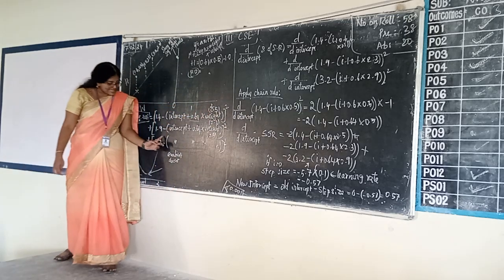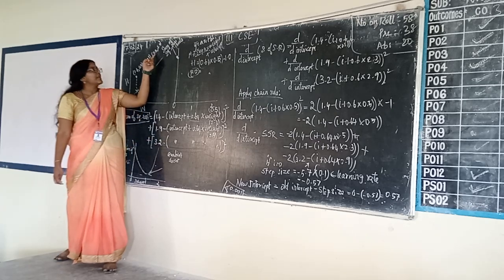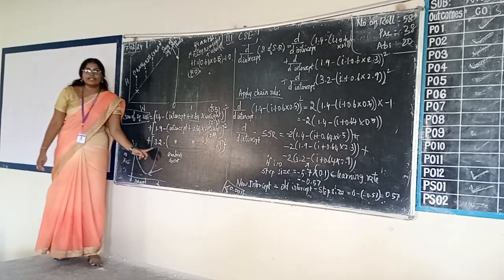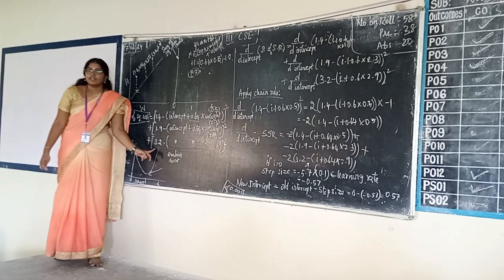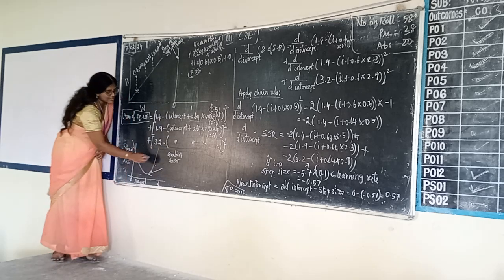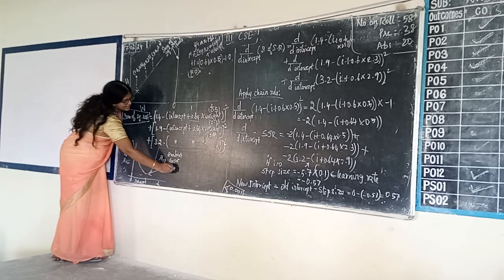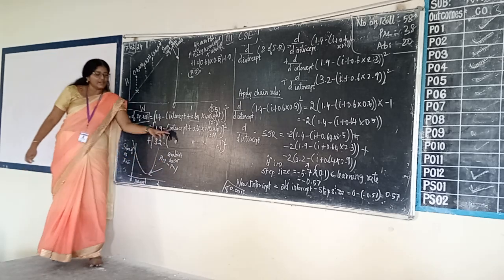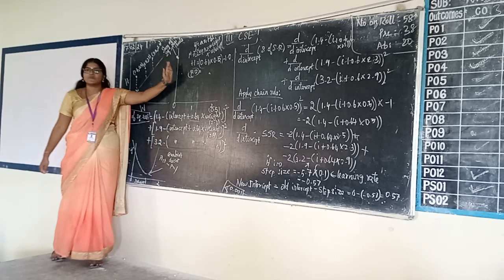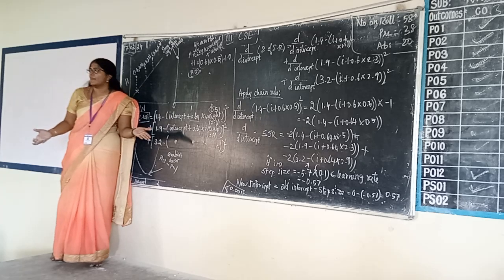Square plus the third data point. The third data point is 3.2 comma 2.9. The actual height is 3.2. So the formula is always actual minus predicted. For prediction, you have the formula ax plus b, which is a very simple, normal linear equation formula.